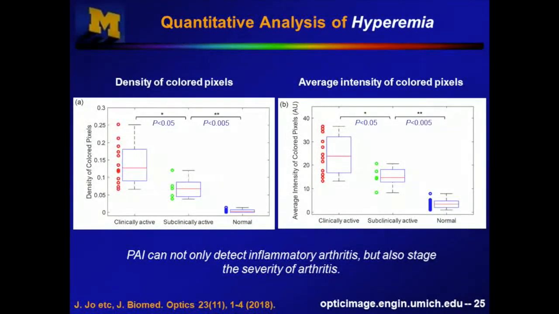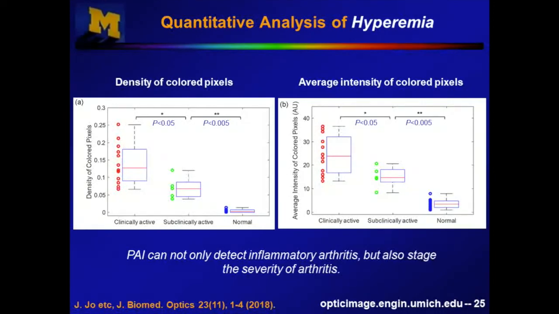We quantified two parameters. The first parameter is the density of the colored pixels in the joints. The other parameter is the average intensity of the colored pixels in the joints. For each group, we have the measurements here. This is the clinically active arthritis group, this is the subclinically active arthritis group, and this is the normal control.